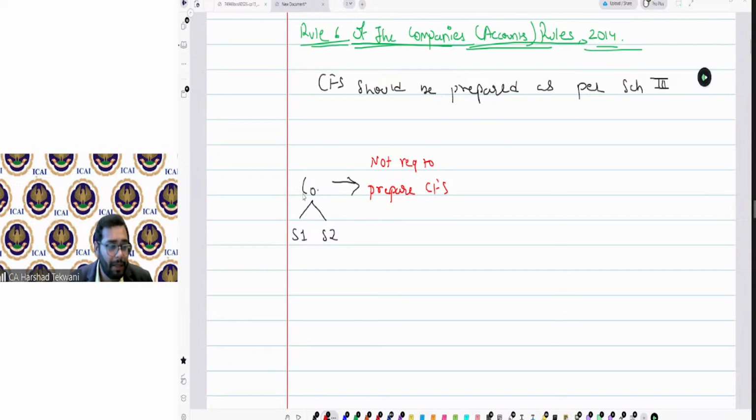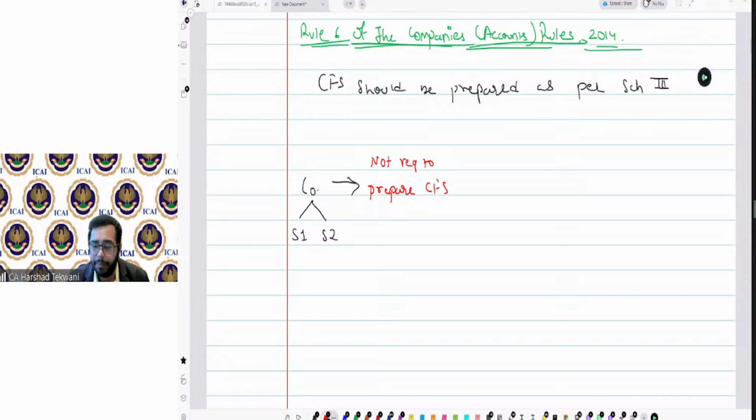Is this possible? Like the company has subsidiaries S1, S2, but still is not required to prepare CFS? When is this possible? Come on, guys.